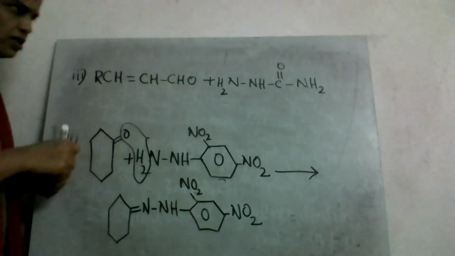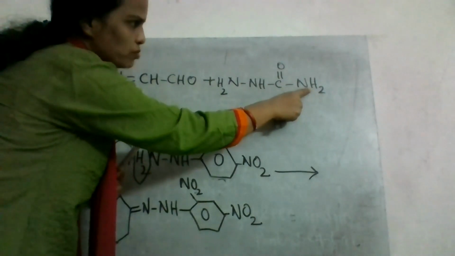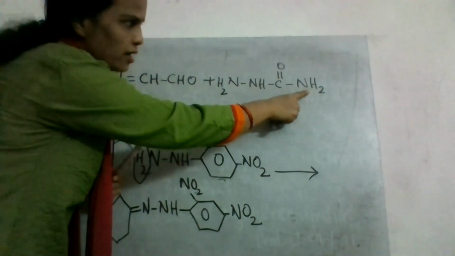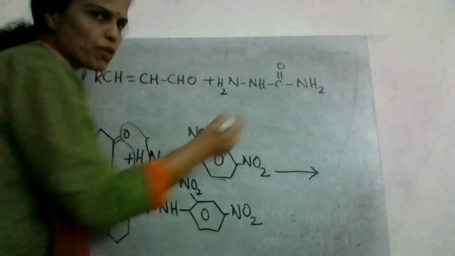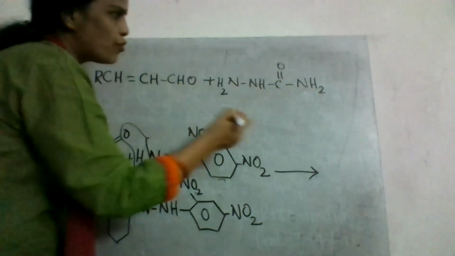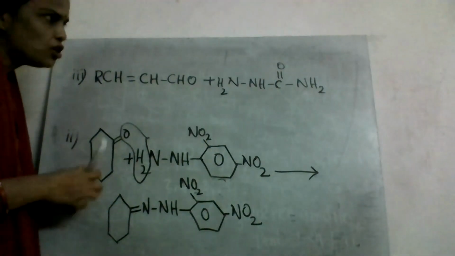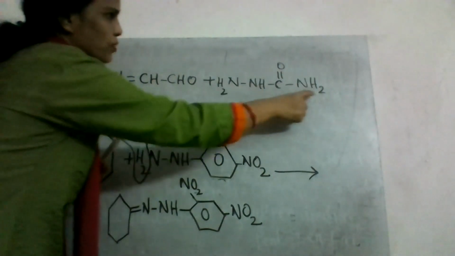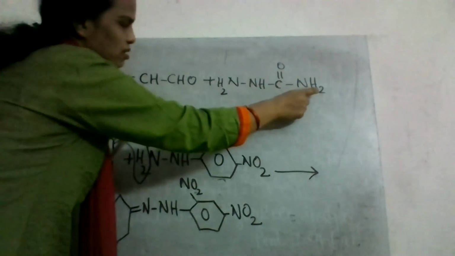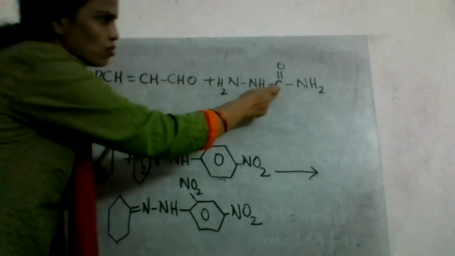You cannot remove the hydrogen from this nitrogen because it is attached to this C double bond O compound here. So the forces of attraction are very strong. Since it is an amide linkage, you cannot remove water from the NH2 group that is attached directly to the carbonyl group.